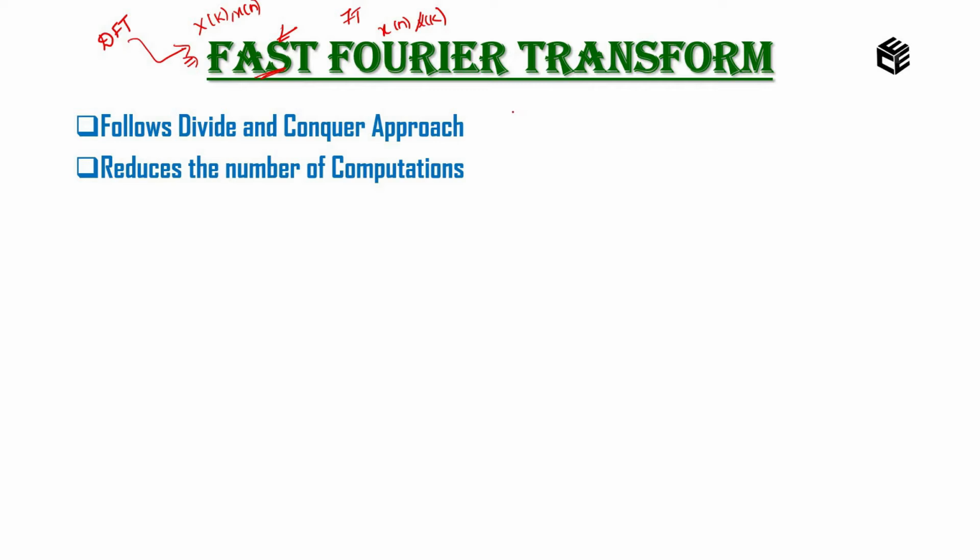As you know, we are using DFT to transform the time domain signal to a frequency domain signal or vice versa using the IDFT concept, right? So the DFT and IDFT are used together to perform these transformations, correct? But when we write the formula for DFT, X of k is equal to summation n equal to 0 to N minus 1, x of n e power minus j 2 pi nk divided by capital N, correct?